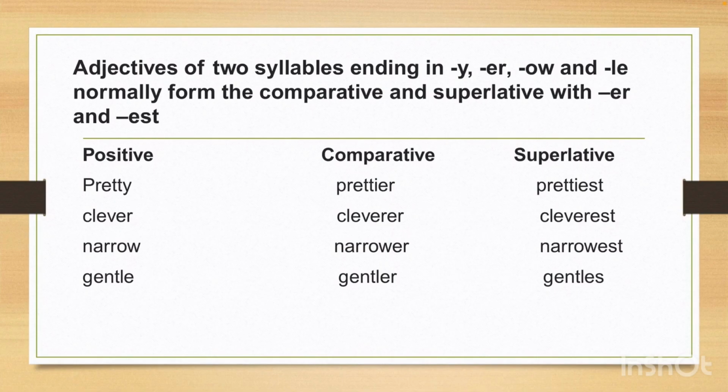You will just cancel the Y and replace it with I. Clever, cleverer, cleverest. You don't say since there is ER at the end, then you are done. You won't add another ER in order to form comparative. No, you are supposed to add cleverer. Then narrow becomes narrower, narrowest. Gentle, gentler, gentlest.